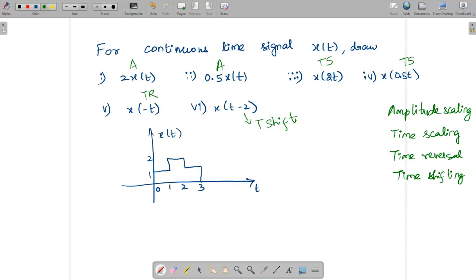So let me draw one signal. The first signal we need to draw is 2 into x of t. Whenever it is amplitude scaling, just multiply your amplitude by the given constant value. That's all, you can find the output.